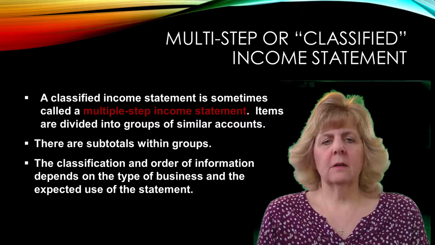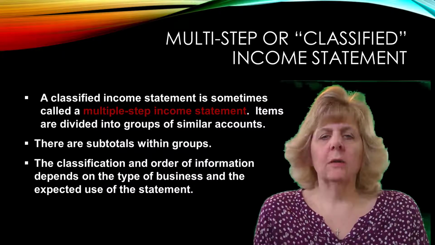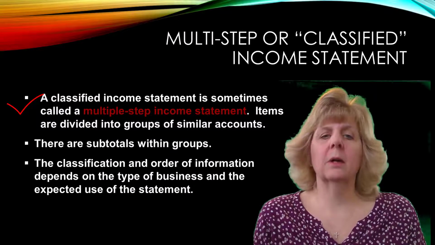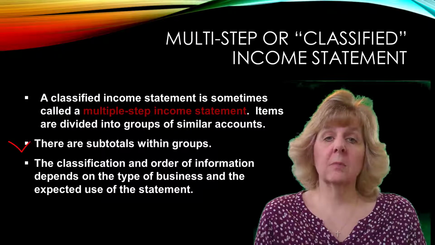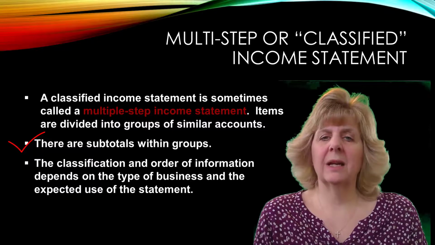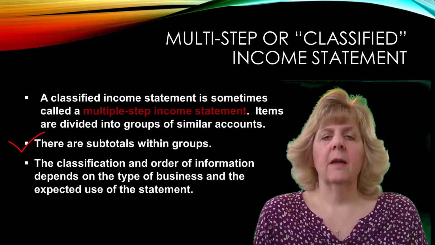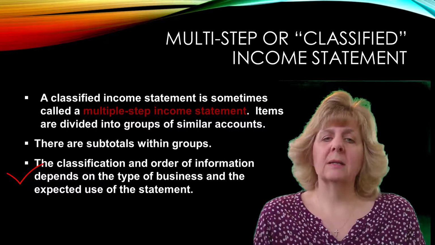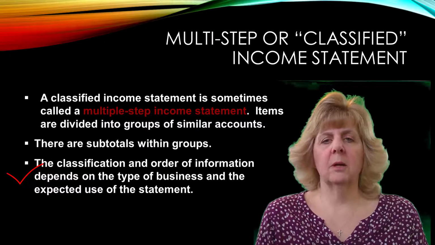A multi-step or a classified income statement has all of the items or components divided into groups of similar accounts. You will also notice that there are various subtotals within the groups. You haven't seen this before because, again, we've used a single-step income statement. The classification and order of information depends on the type of the business and the expected use of the statement.